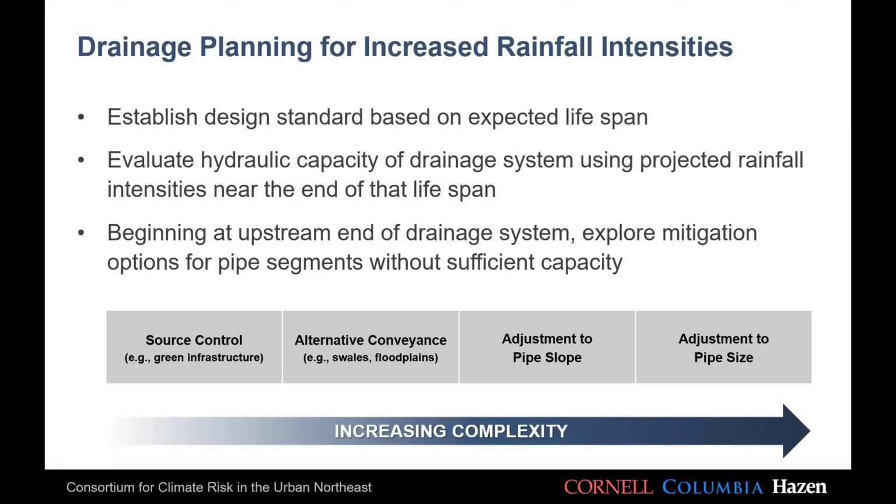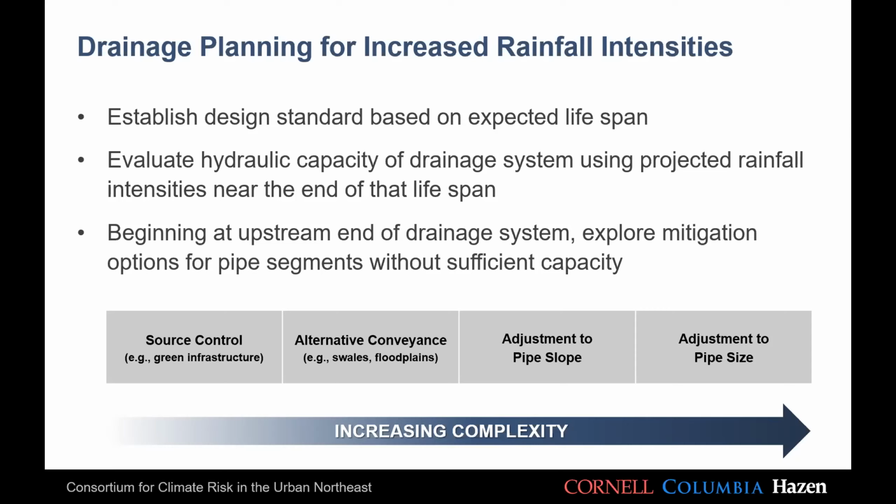The first step would be to establish a design standard based on the expected lifespan of a facility. We know that every facility has an expected design life, and once that life is up, there's an opportunity to create a new design for a new standard. So it makes sense to look at the end of the design life of the facility to pick your design standard.